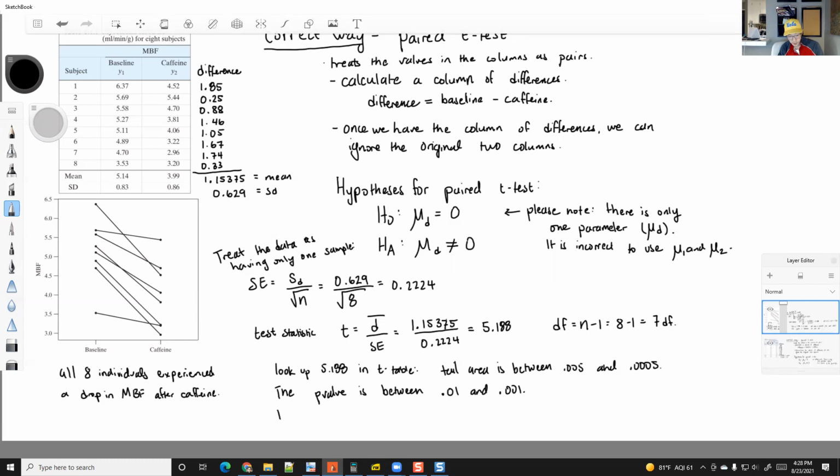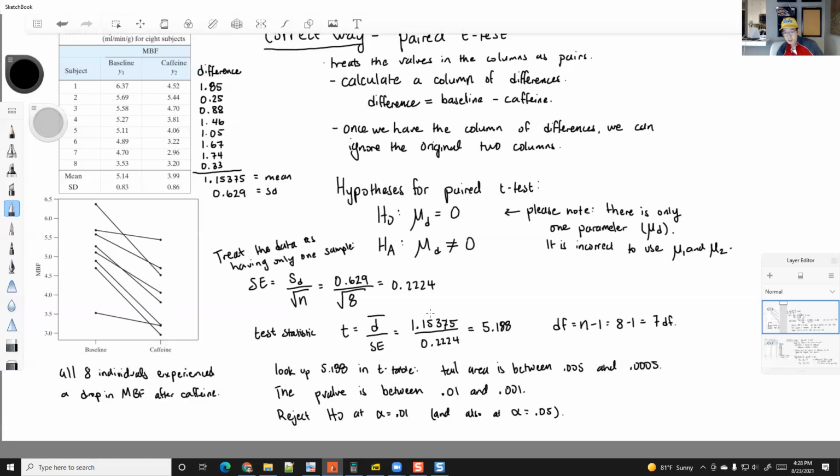And so this means we would reject the null hypothesis at alpha equal to 1% and also at alpha equal to 5%, right? So we would reject.